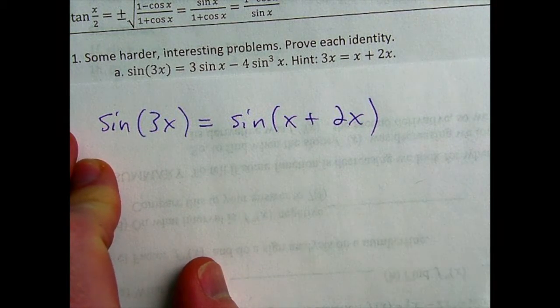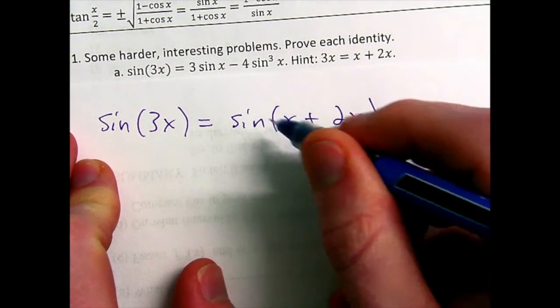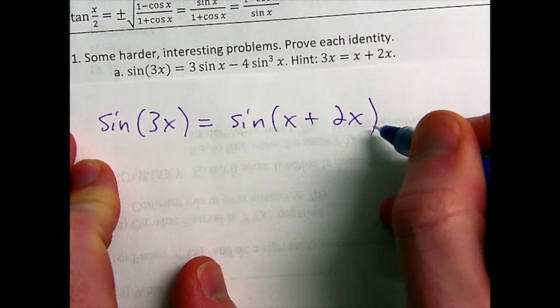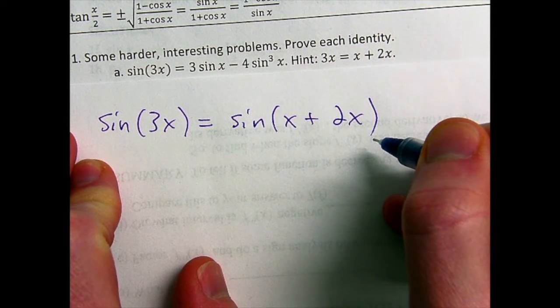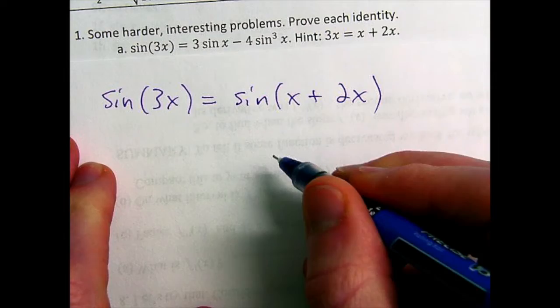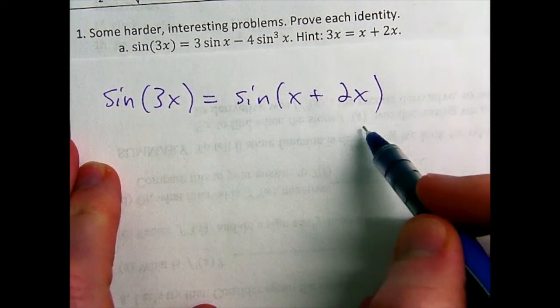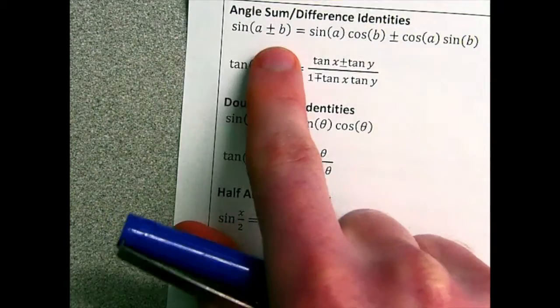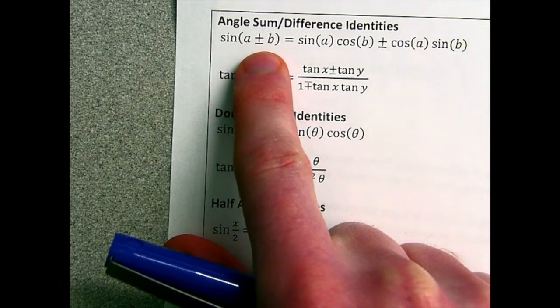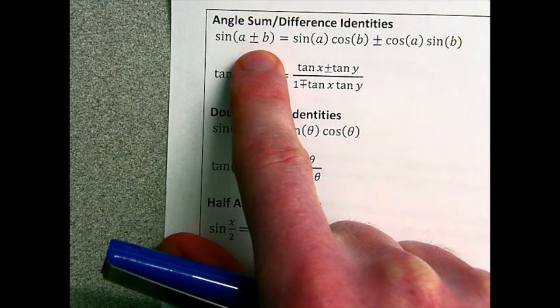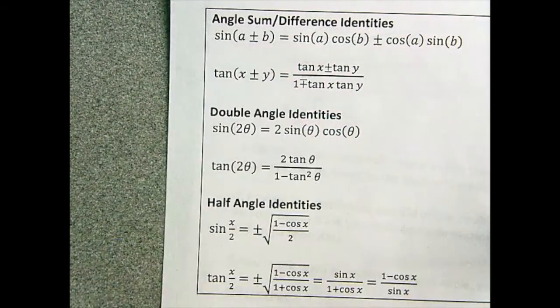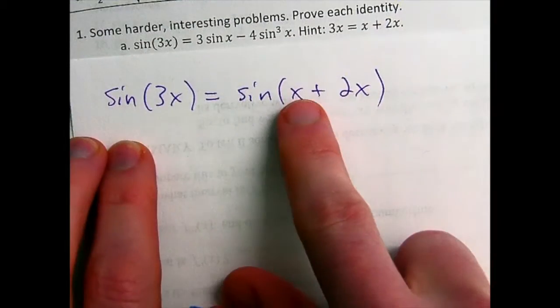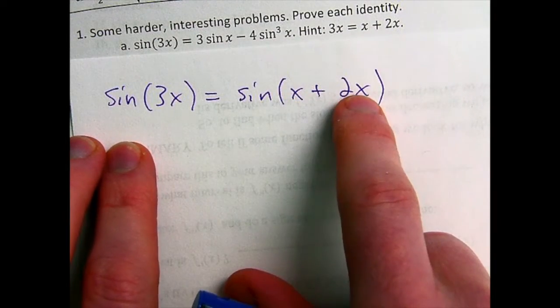Why is that good? Because what you now have is the sine of one angle plus another, and we have a formula for that, right? What's the formula for the sine of one angle plus another? That's the angle sum identity for the sine function. Basically, our a is x and our b is 2x.